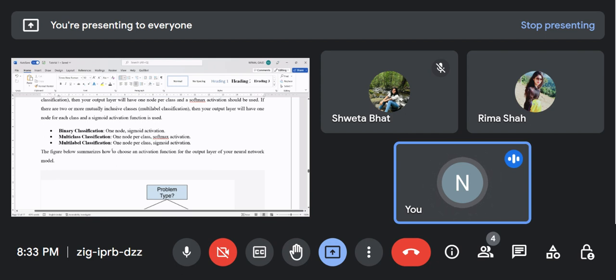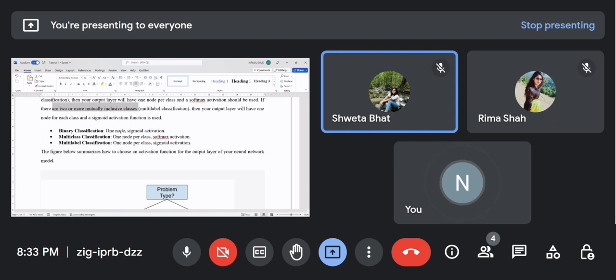Multi-label classification means one node per class, with sigmoid activation. Multi-label classification means there are two or more mutually inclusive classes. What does mutually inclusive mean? Is there any dependency between these two? Yes, sir.